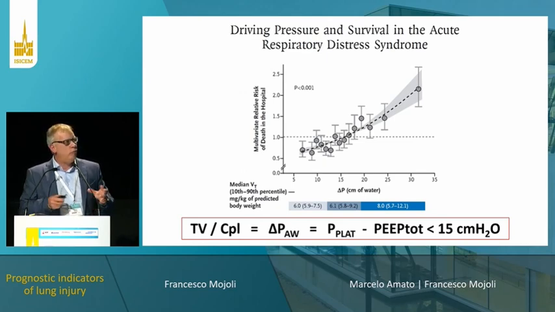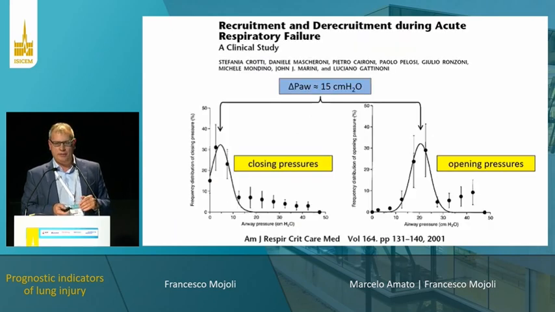No? The conventional way to interpret driving pressure is that this is a way to normalize tidal volume on the size of the baby lung. But maybe there is another explanation why limiting driving pressure is also limiting the lung injury and improves outcome in our patients. And it is this one.